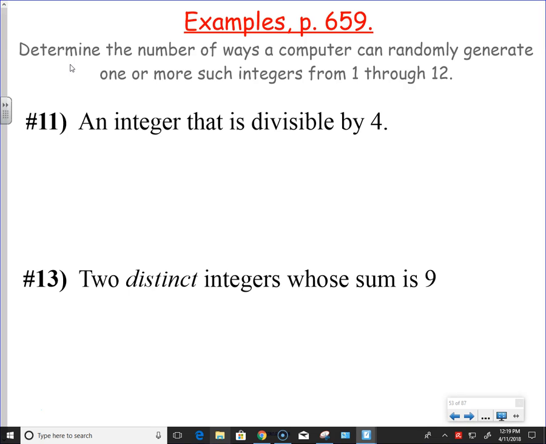Sometimes we can use logic, and sometimes we'll use some fundamental counting principles, some formulas, and some other clues. So here we go. Is this one that we need formulas, clues, or can we actually just do this in our head? We have a computer randomly generating numbers 1 through 12.